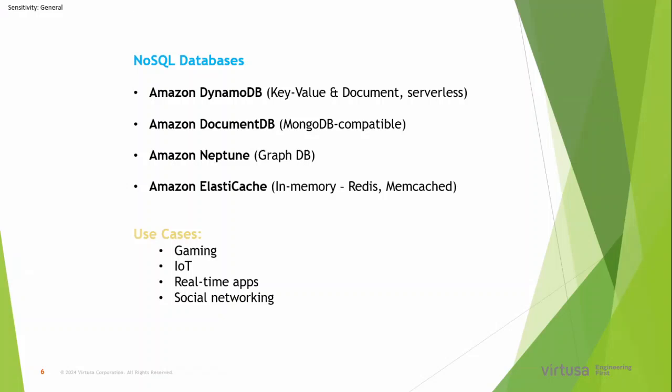Neptune is a graph DB type that we can use for applications like Facebook, WhatsApp. If you are going to develop systems like that, then a graph DB is very important, because it comes with a certain tree structure where your data are interrelated or linked with the entries.